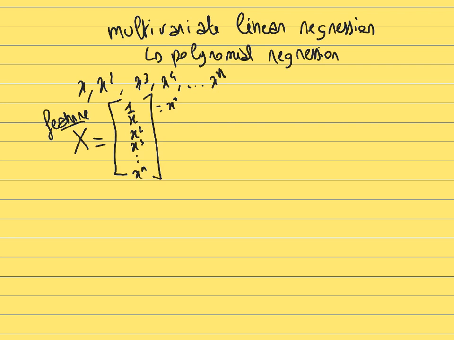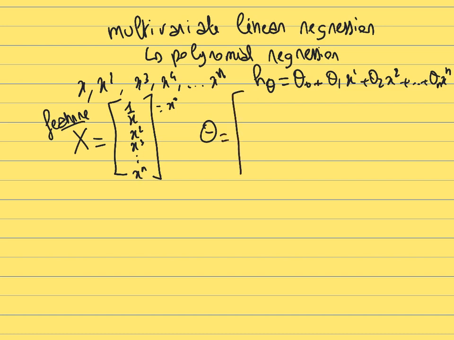And then since your model now is going to be expressed in terms of theta naught plus theta 1 x1 plus theta 2 x2 etc. up to theta n xn, now we can define another vector, which is the vector of the coefficients of the model. So we can do exactly the same as what we did for the features.